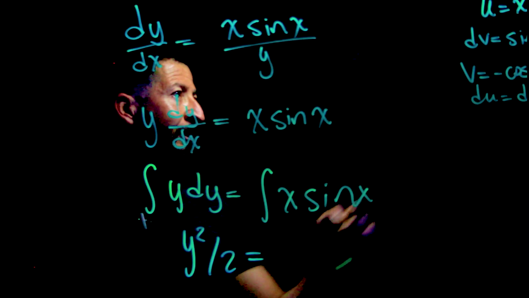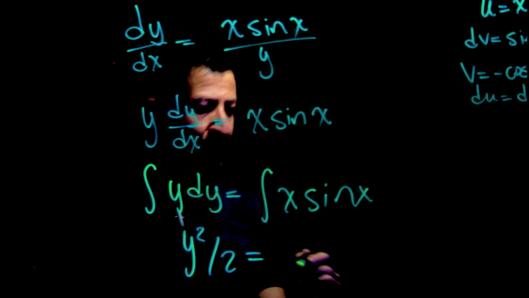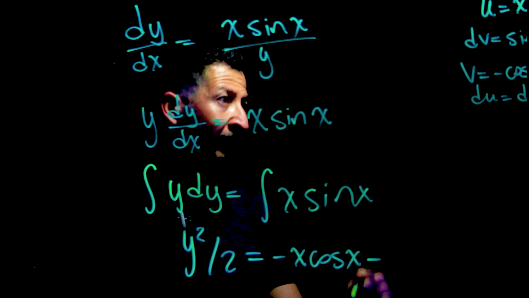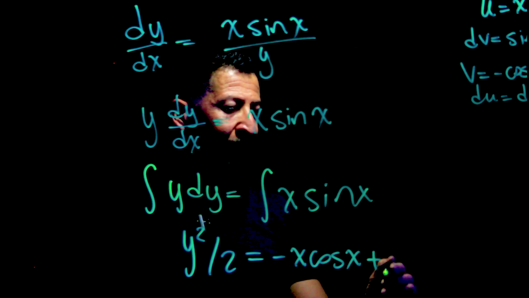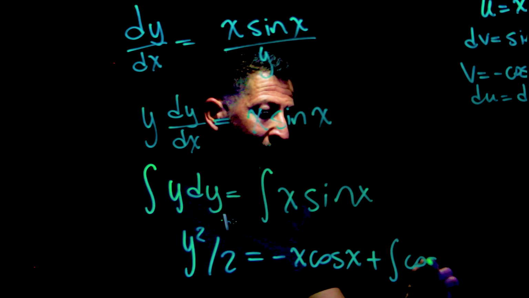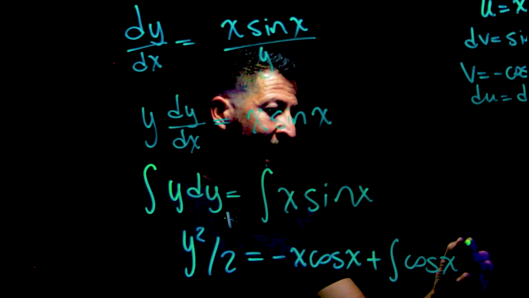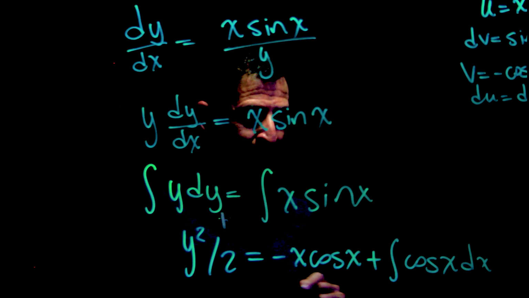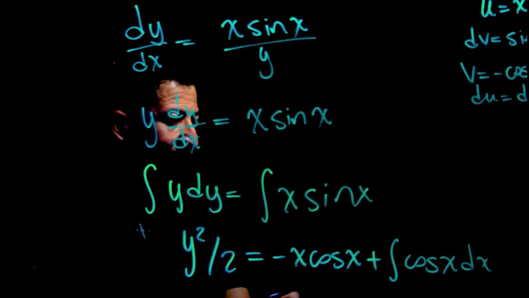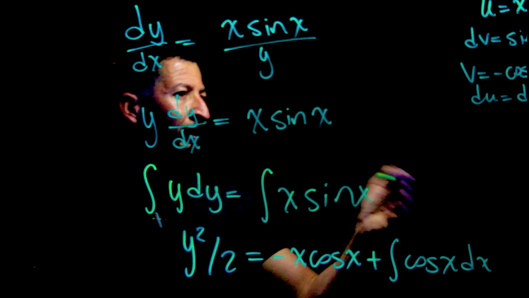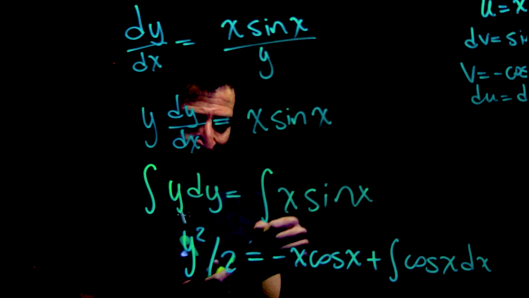So plugging this in, I'm going to have uv, which is negative x cosine x, minus the integral of v du, which is plus cosine x dx. Then you integrate here, you're going to get the sine. Can I fit it there? Maybe not. So I'm going to erase and write the solution.